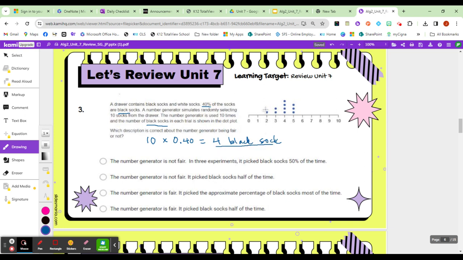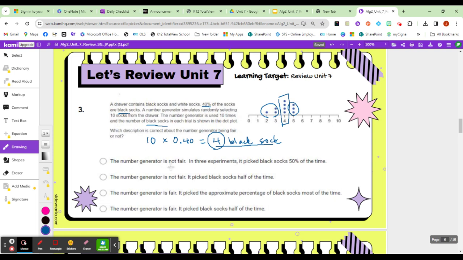So we're wanting everything to be centered around 4. So if you take a look at this data, most of the dots are 4. A few are to the left, 3 are to the left, and 3 are to the right, but they're close to 4. They're not 0 and 10.